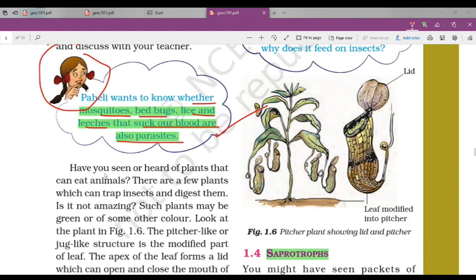Now, another question: have you seen or heard of plants that can eat animals? Oh my God! Do you know, bachcho, that some plants can eat animals?